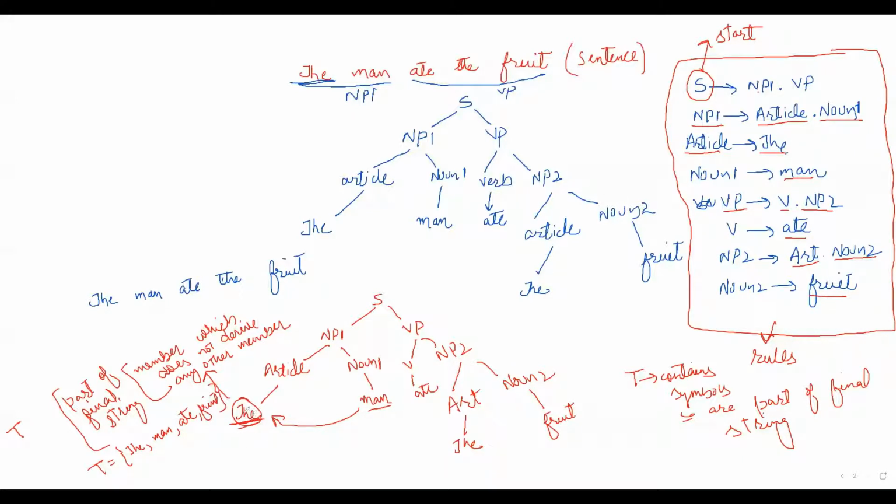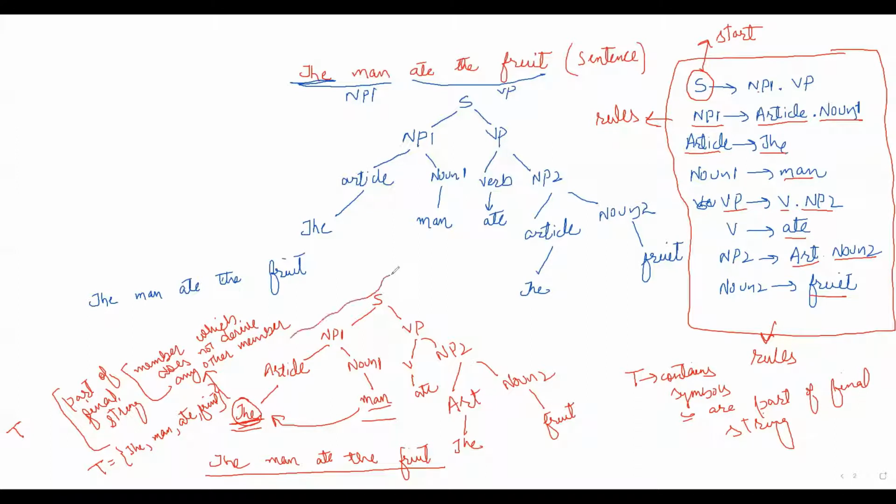At the end, from left to right, you can combine these. What is the leftmost? The. Then man. Then ate. Then the. Then fruit. So this is the final sentence that we generated using these rules: The man ate the fruit.